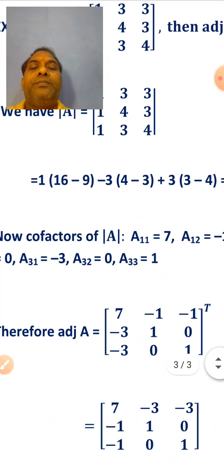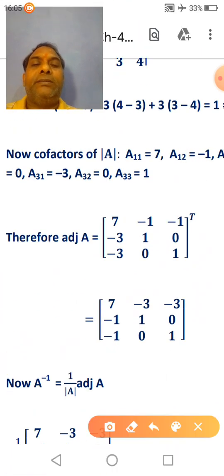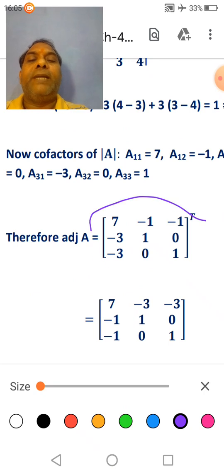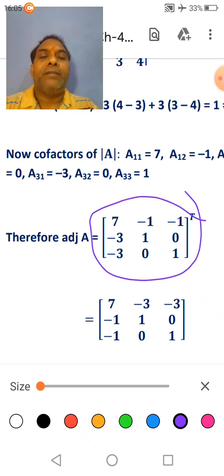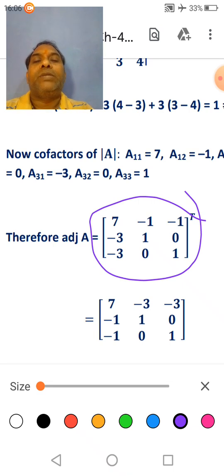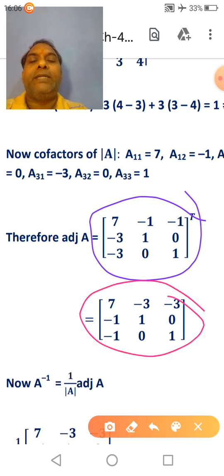Now find the adjoint of the matrix. Adjoint of matrix A will be the transpose of the cofactor matrix. Clear? So find its transpose; its transpose matrix will be this one.